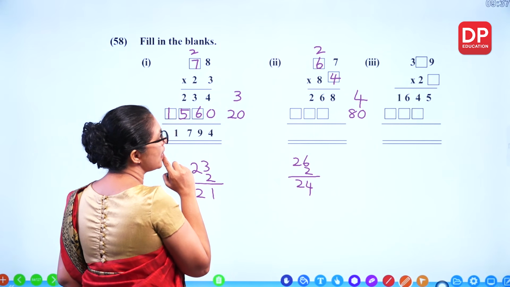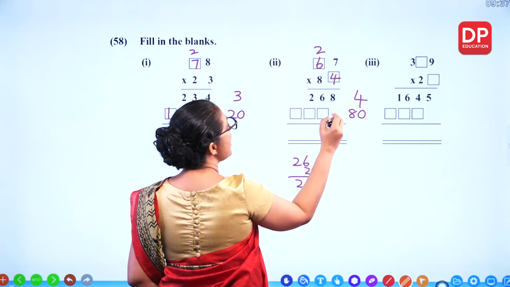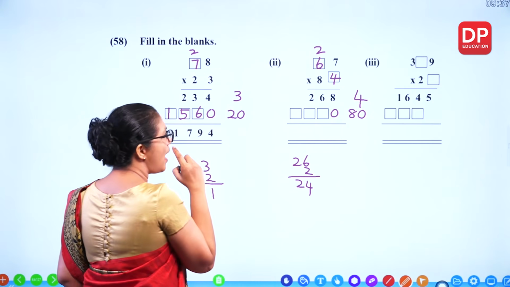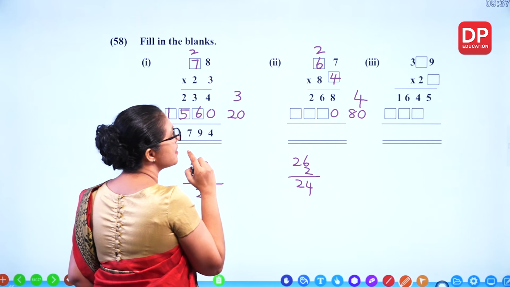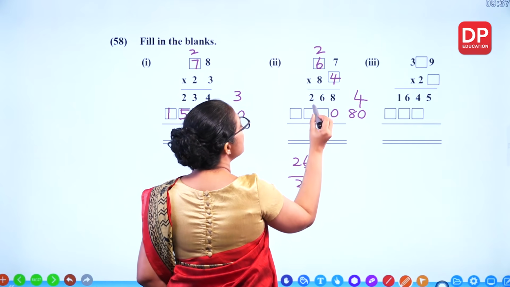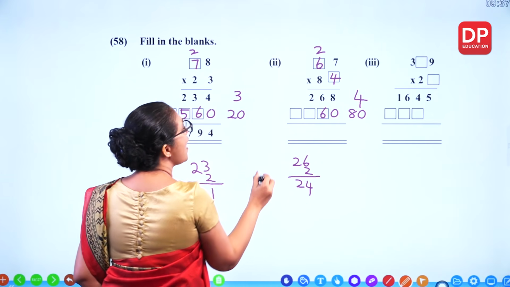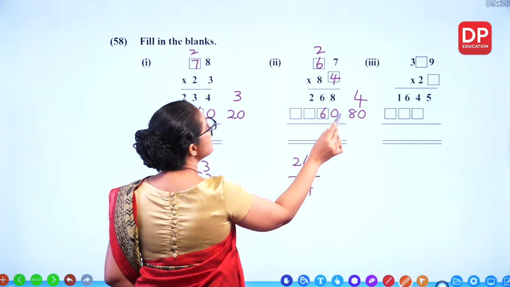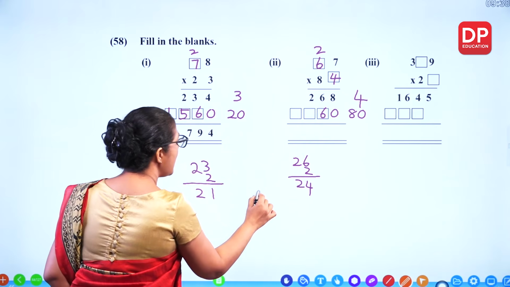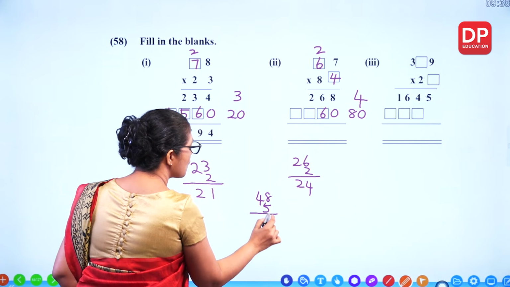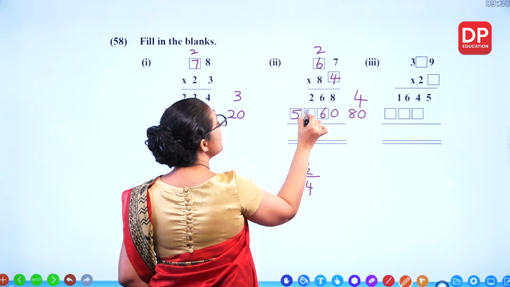Now that one is okay. Now how do you multiply by 80? Put a 0 and multiply by 8. 8 times 7, 56. 5 remaining. 8 times 6, 48. 48 plus 5, 53. So you get 53 here.